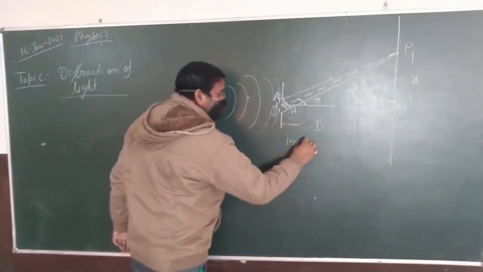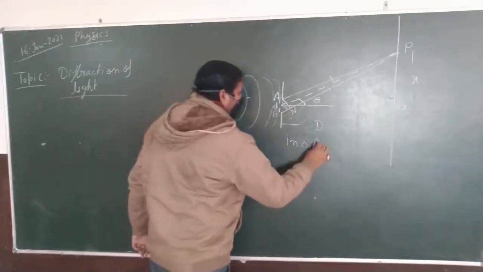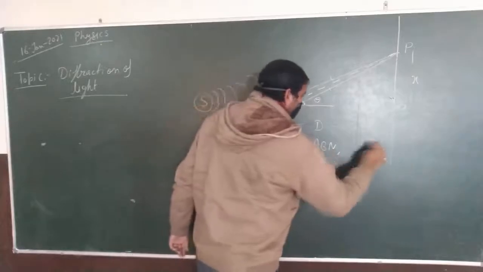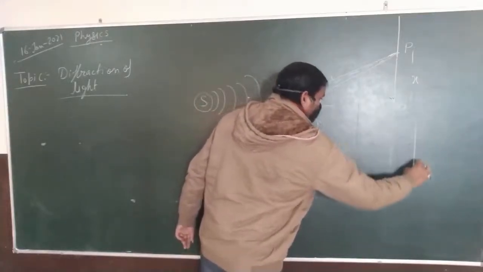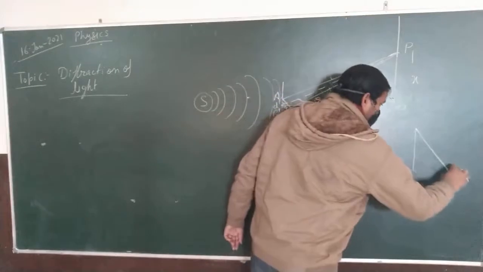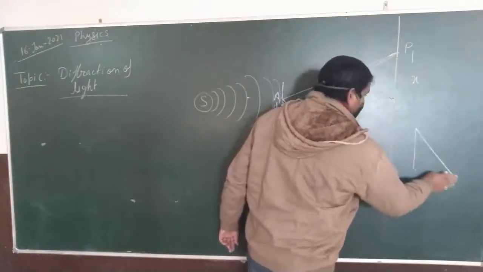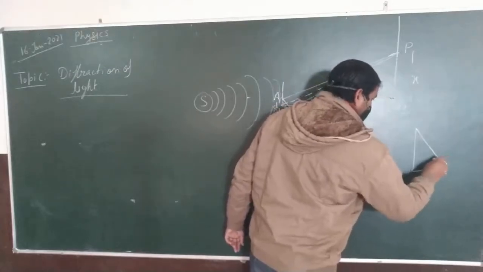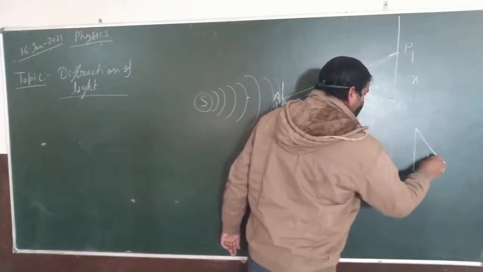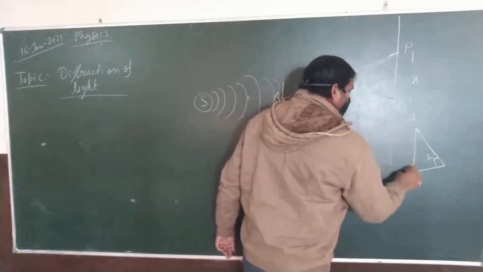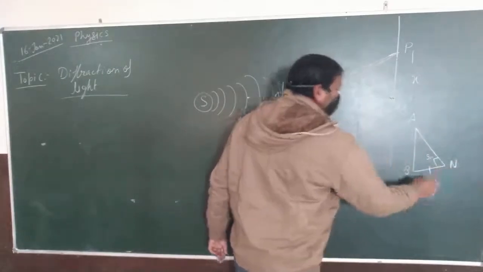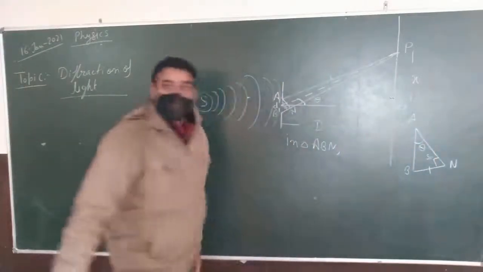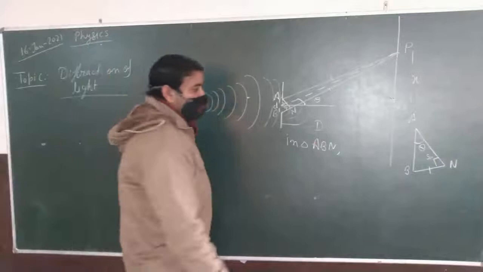So in triangle ABN, I am redrawing it. This is 90 degrees. ABN. We need to calculate this, and this angle is theta. So what is the value of BN?